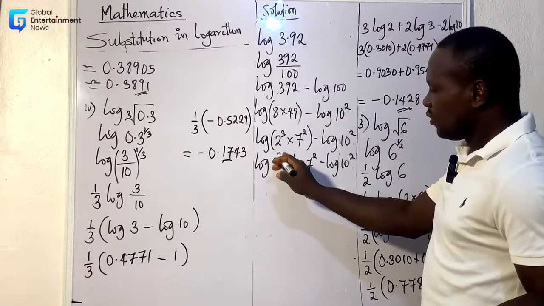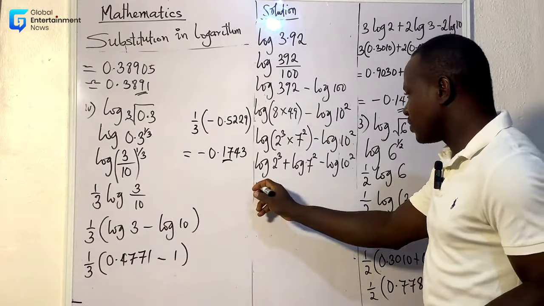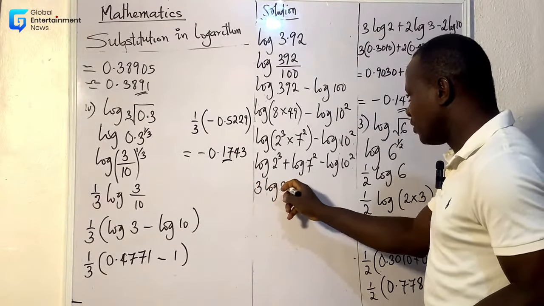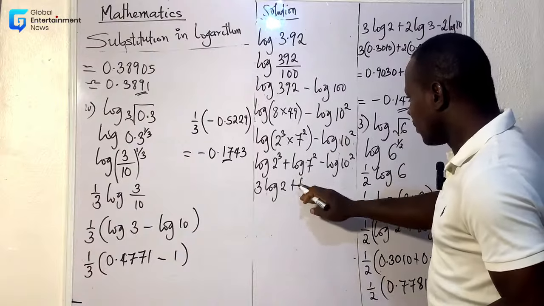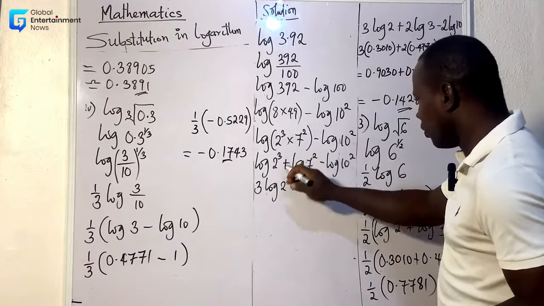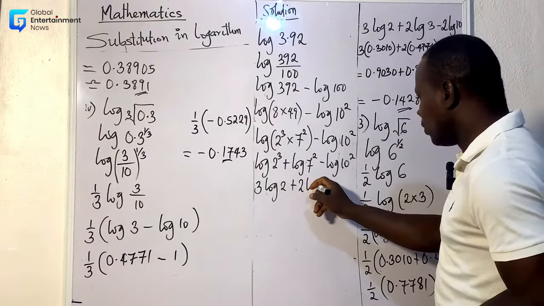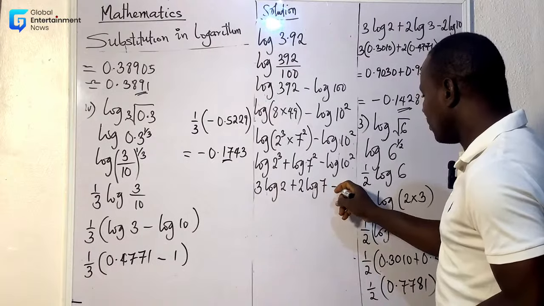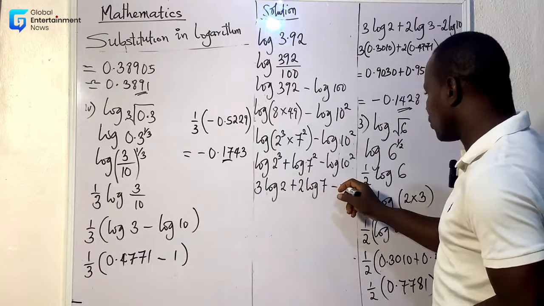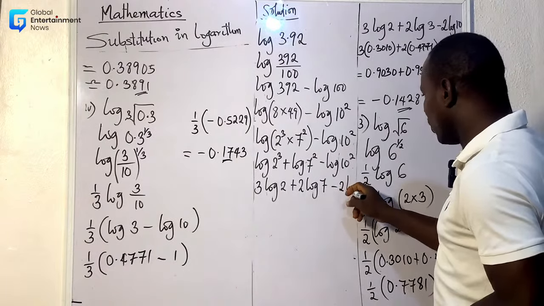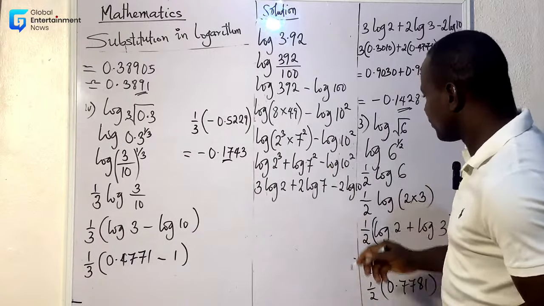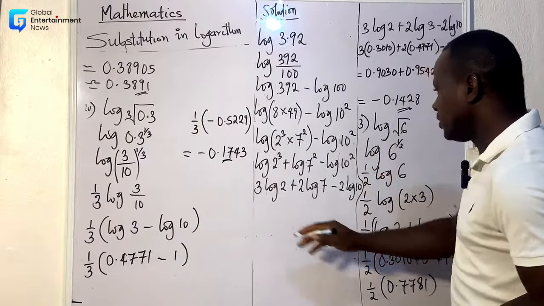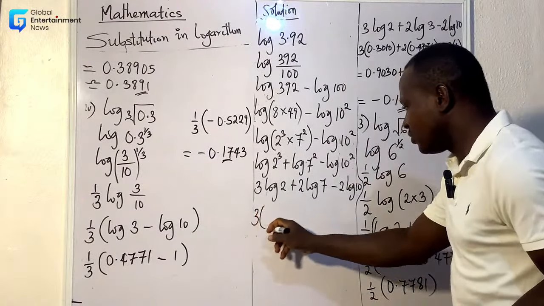So what do we do? We carry the 3 to the front. It will now give me 3 log 2, plus carry the 2 to the front also, 2 log 7, minus carry the 2 to the front, 2 log 10. So what do we do here now? We now say 3 into bracket.